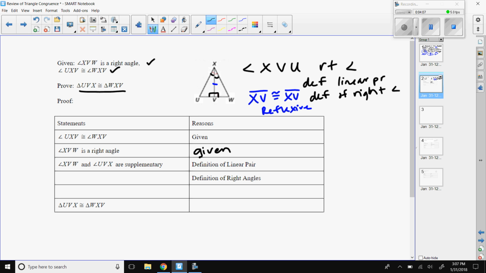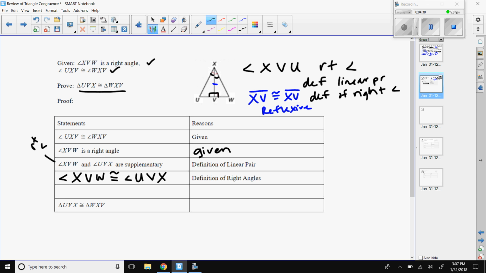It tells you that these two angles are supplementary, which we talked about here with our linear pair. These are the two right angles that they're talking about, and they're going to be supplementary, by the definition of a linear pair. They're going to be congruent because all right angles are congruent to one another.